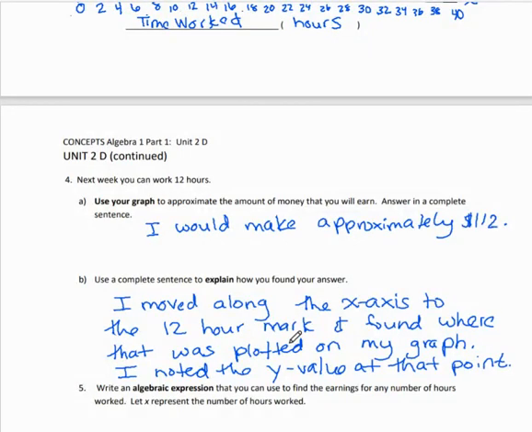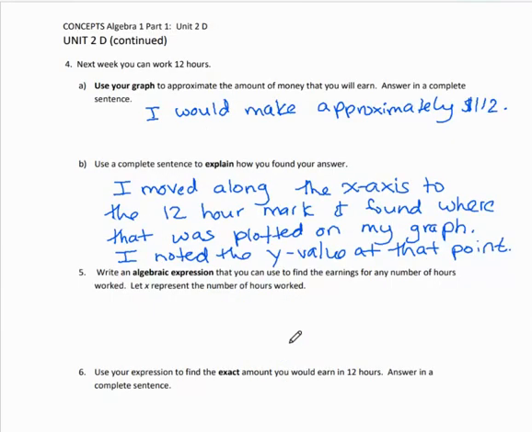Okay. All right. Number 5, write an algebraic expression that you can use to actually determine how much we'd make. So what would the expression be for this problem all the time? How do we determine how much money we make?